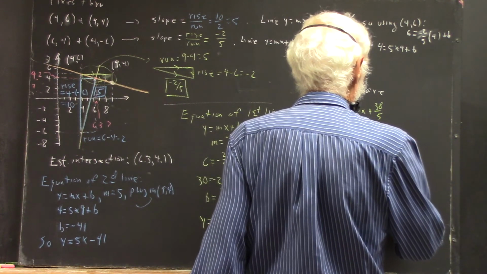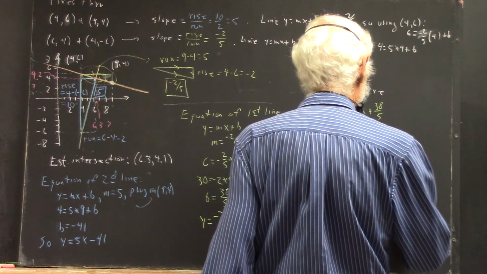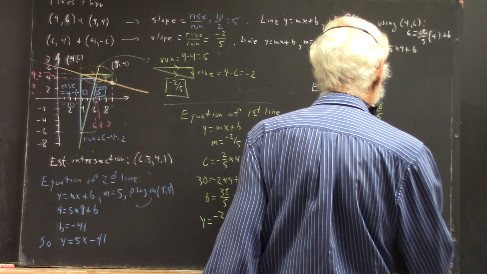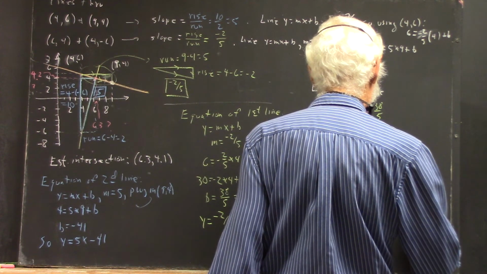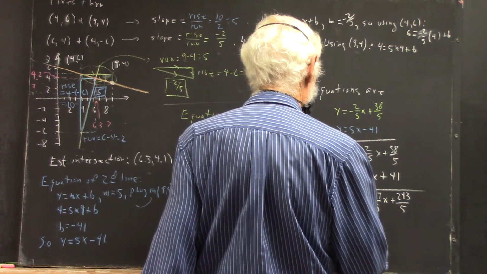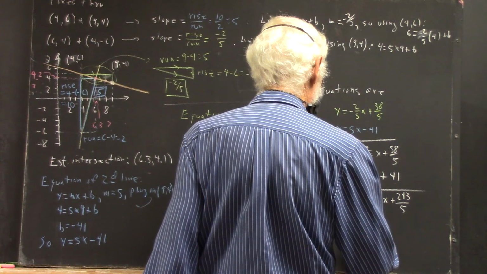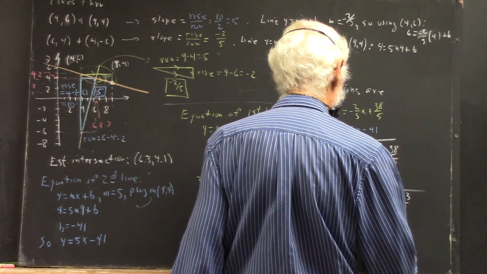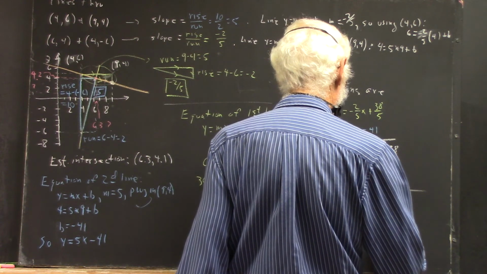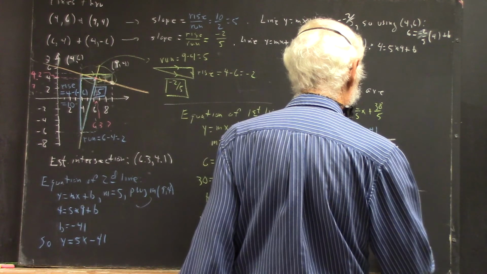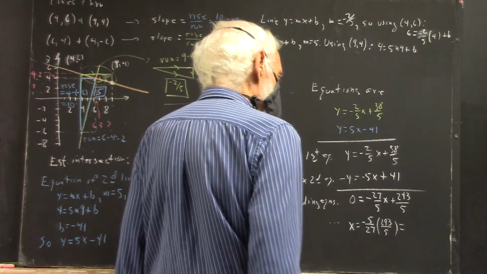Okay, so anyhow, I got 205/5, and add that, and I get 243/5. So x equals -5/27 of 243/5, okay?